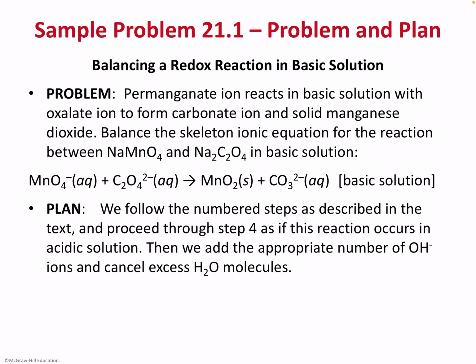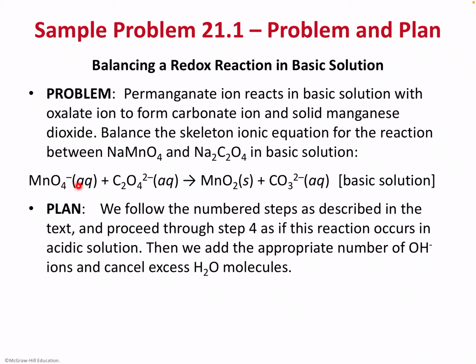Okay, here's a beautiful example. Permanganate ion reacts in basic solution with oxalate ion. So this is permanganate ion, this is oxalate ion, to form carbonate and manganese oxide. Balance the skeleton ionic equation for the reaction between sodium permanganate and sodium oxalate in basic solution.